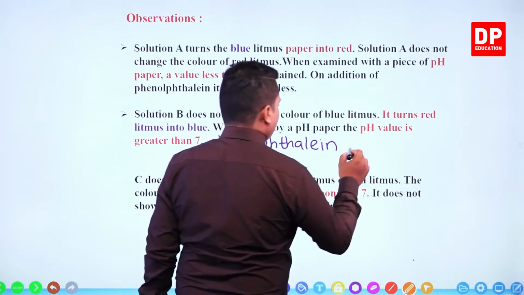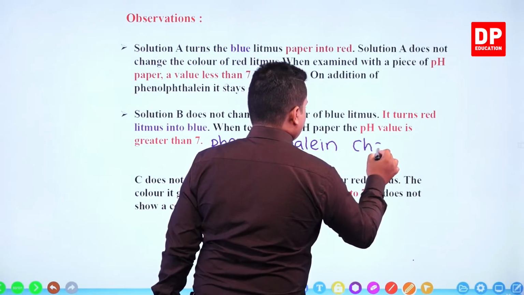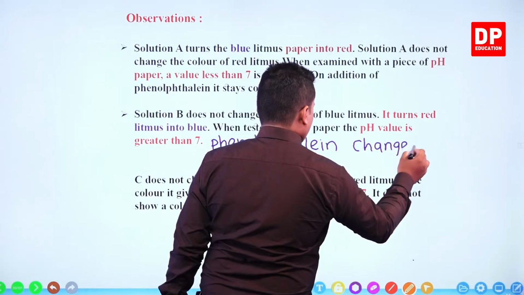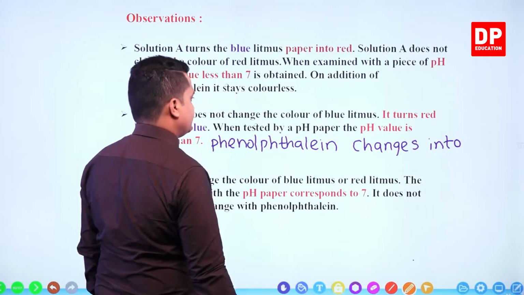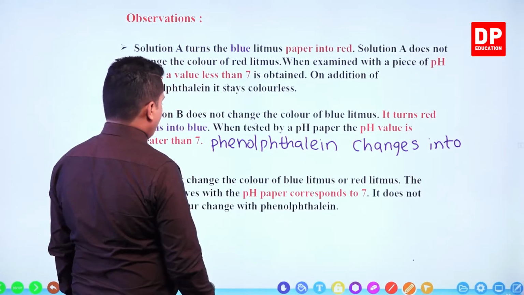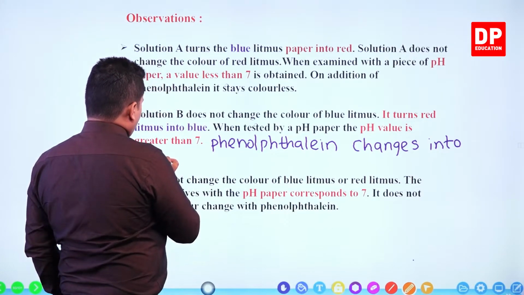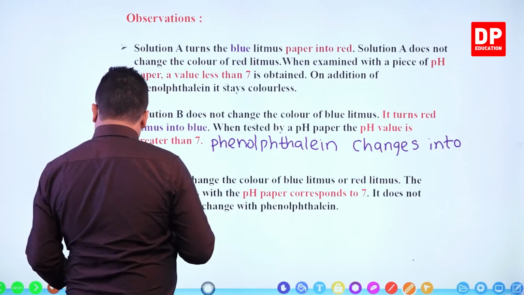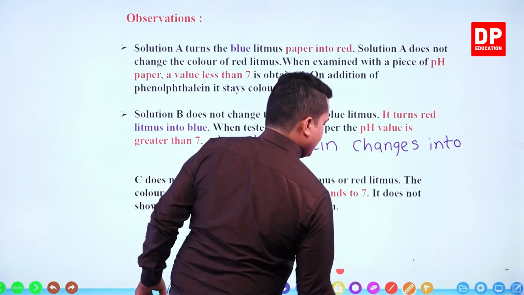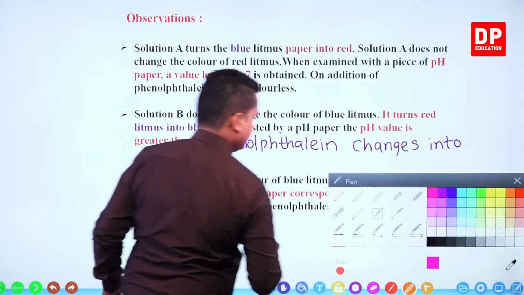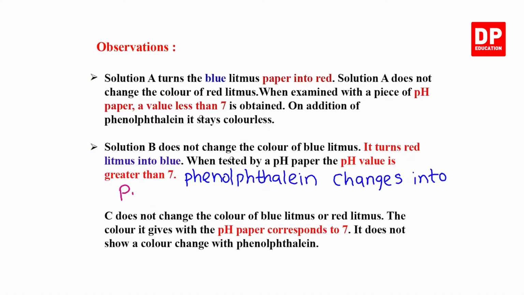Phenolphthalein changes into pink color with B. I'll use that pink color pen to indicate the pink color. Right?